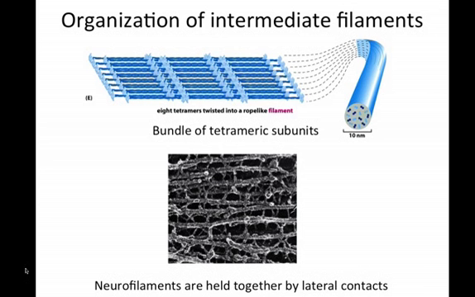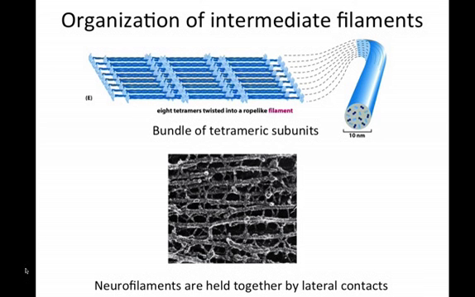So let's just go back to intermediate filaments for a minute. I feel the need to give them a little more attention. Remember, this is a bundle of tetrameric subunits, and it's important for giving the cell strength and resistance to pressure, and organizes cells into tissues, right?